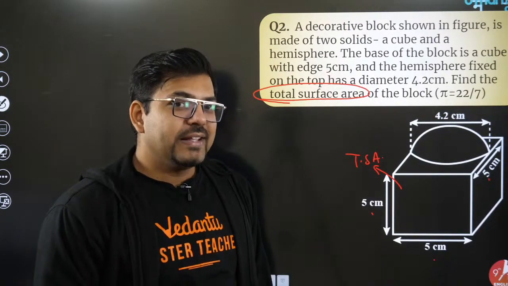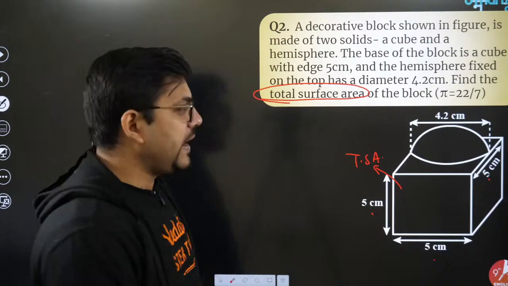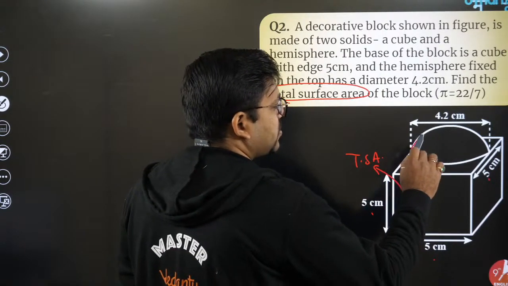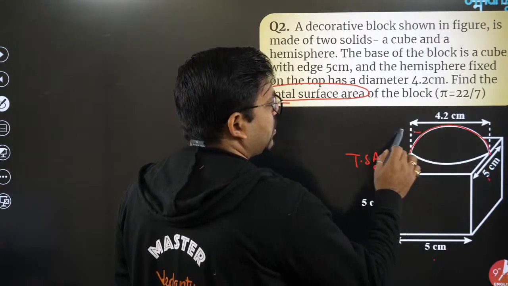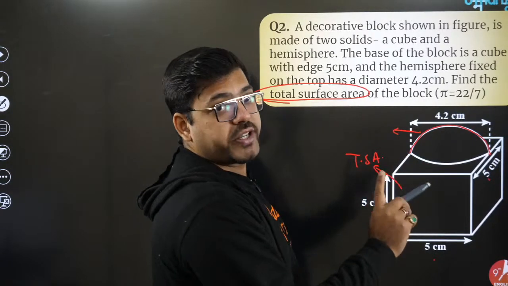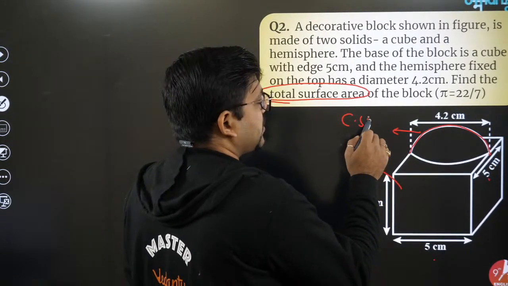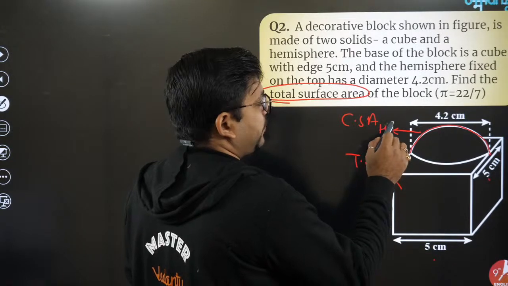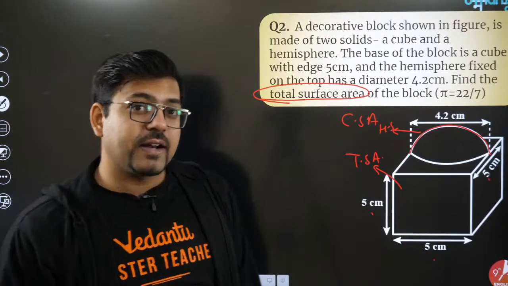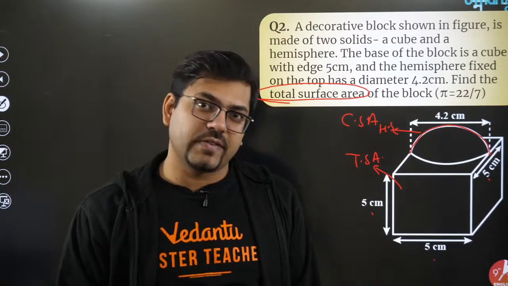Now, in this TSA, you will have to add an extra area which is very much visible here, the curved surface area. I am saying curved surface area, not total surface area, of the hemisphere. Some of you might be thinking, sir, why did you not take the total surface area?